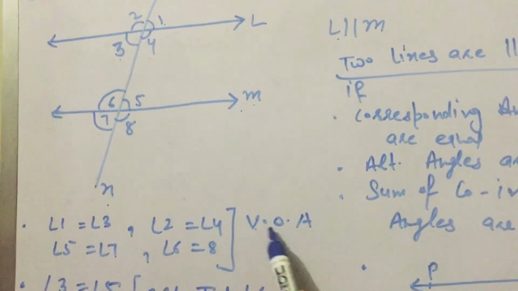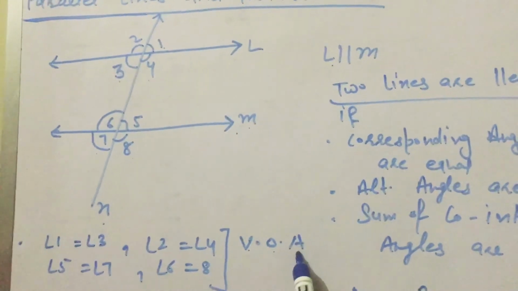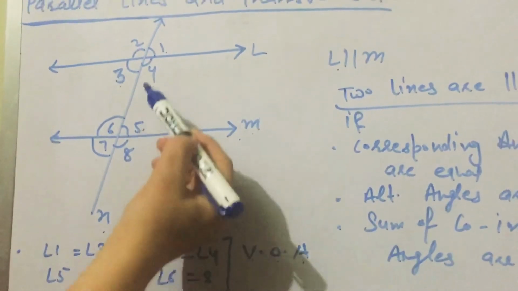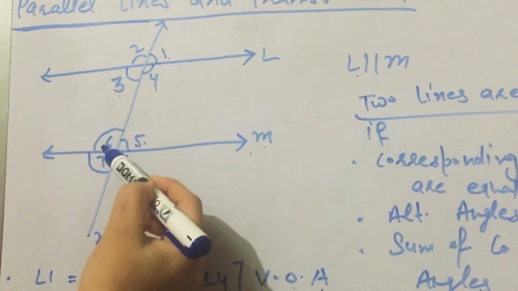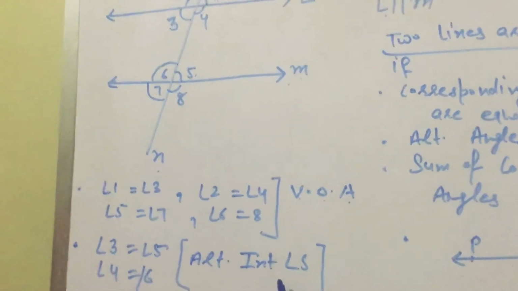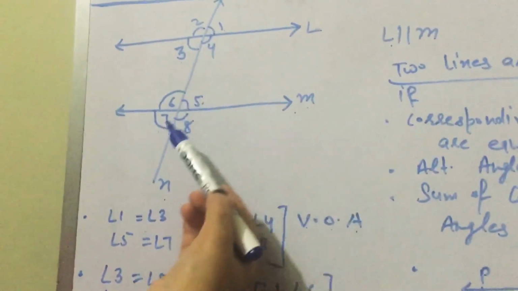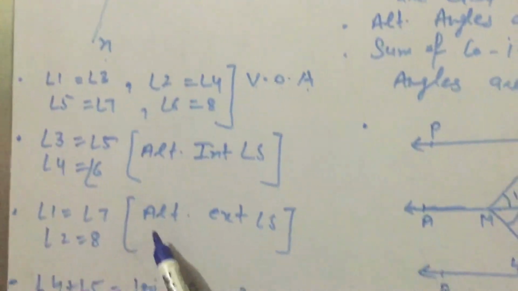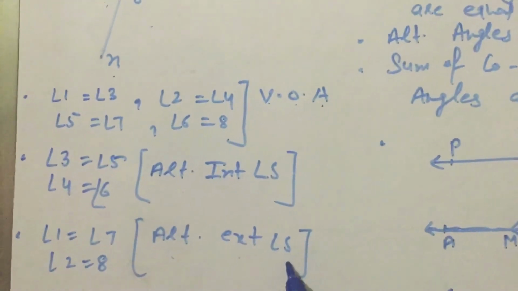These are vertically opposite angles. And angle 3 equals angle 5, angle 4 equals angle 6. These are alternate interior angles. And angle 1 equals angle 7, angle 2 equals angle 8. These are alternate exterior angles.